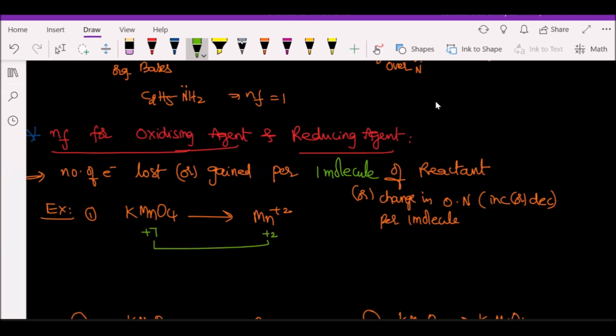So +7 to +2, it is reduction. By how much number? 5. So decreased oxidation number, change in oxidation number per 1 mole of reactant. So for 1 mole of KMnO4, the change in oxidation number is 5. Therefore, n factor of KMnO4 is 5, we will say.